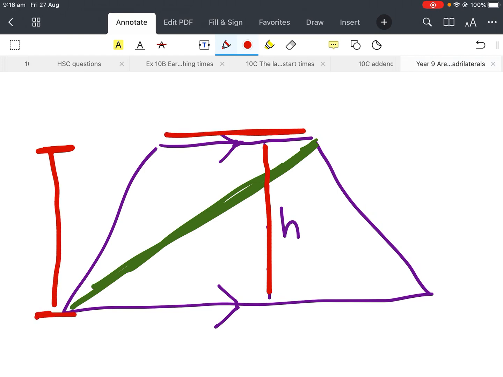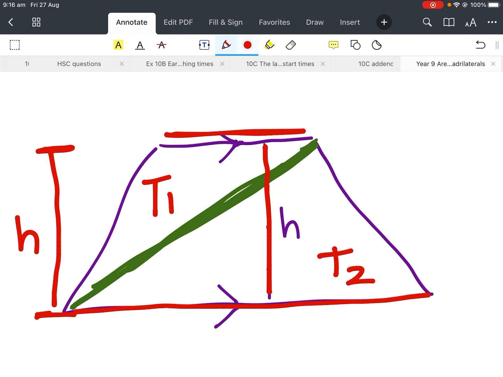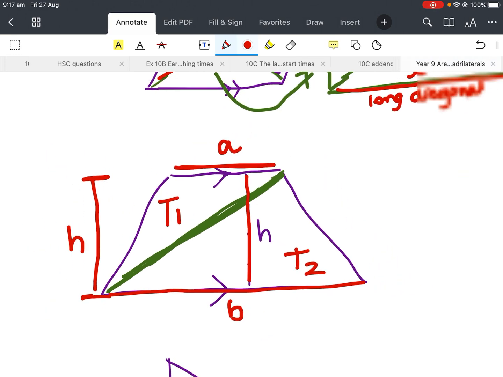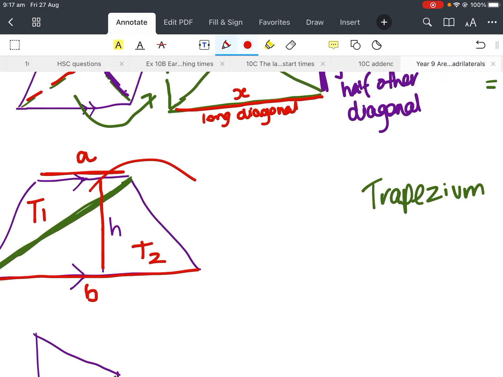So what we do is we use this one as the base of this triangle number 1, and we use this as the base of this triangle number 2, and the height is always the same. So I believe she called this particular base A, and she called this particular base B. So if I move it over here, this triangle over here looks like this.